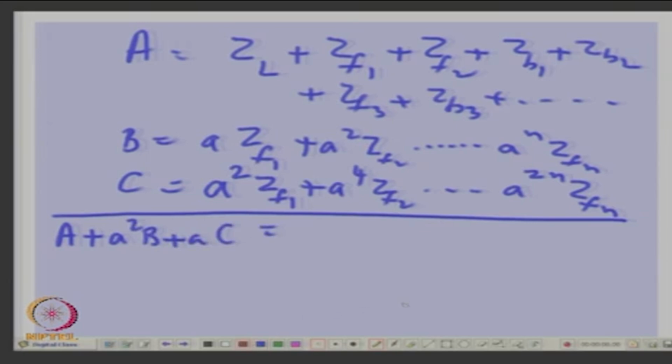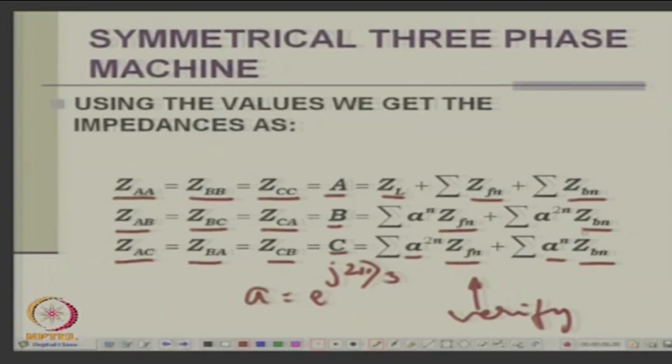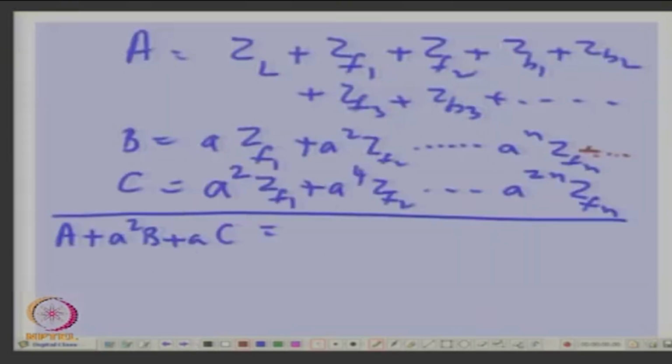Yeah. It will also contain ZB terms. Yeah, ZB also will be there. I am just trying to say, ZFN of course it will have, ZB terms also will be there. So you have to go on summing it up. I thought the board is small enough, you can't write everything.